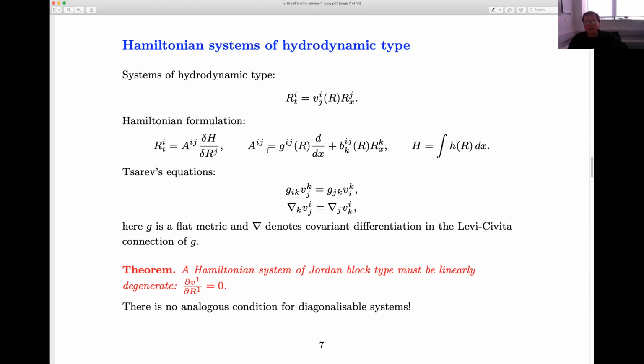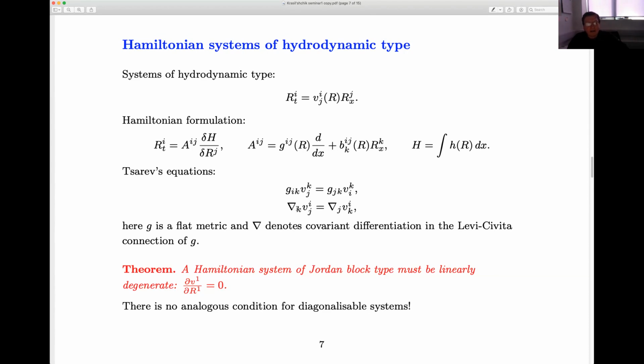Operators of this form were classified by Dubrovin and Novikov, and this Hamiltonian formalism was thoroughly studied by Sergei Tsarev, and he derived the following equations. For this matrix Vij to be Hamiltonian, to appear from this setup, the following conditions must be satisfied. This matrix Vij and this metric G must satisfy the following equations: the first set of equations and the second set of equations.